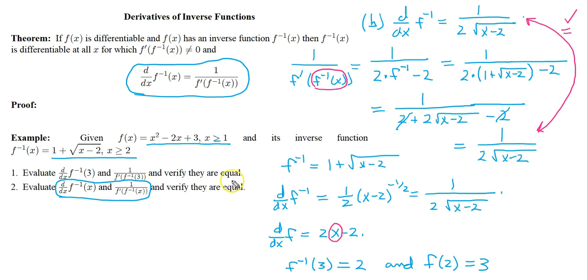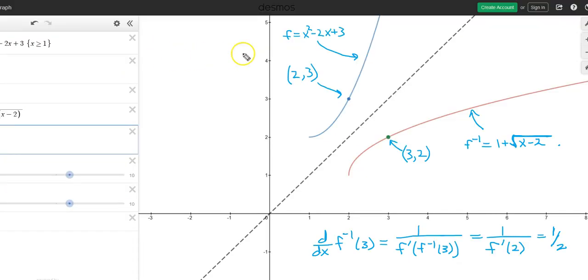Now let's take a look at a graphic that illustrates part 1 for us. So here we have a graphic illustrating part 1 of the previous example. So right here, this curve is the graph of x squared minus 2x plus 3. And this curve right here is the graph of the inverse function, 1 plus the square root of x minus 2.